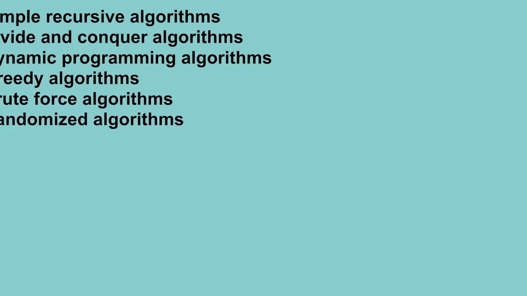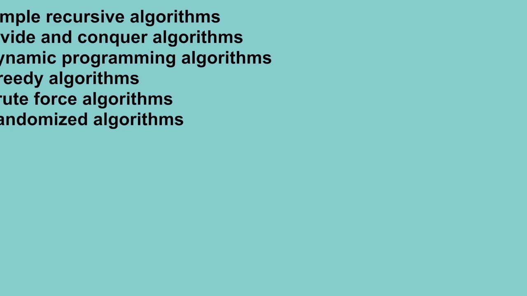The purpose is to highlight the various ways in which a problem can be attacked. Based on these criteria, algorithm types can be simple recursive algorithms, divide and conquer algorithms, dynamic programming algorithms, greedy algorithms, brute force algorithms, and randomized algorithms. Okay, let's see what these algorithms are about.